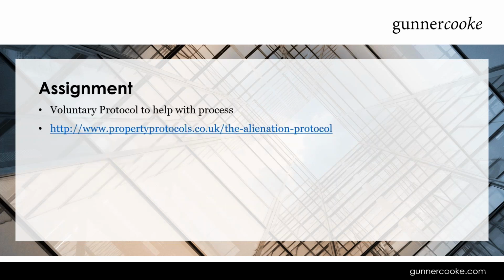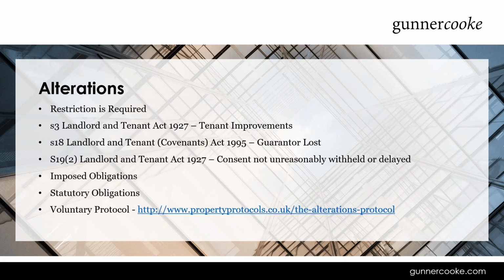To give you some help there is a voluntary protocol to deal with this process that was set up by Falcon Chambers, and it sets out the type of information tenants should be providing and the types of things that the landlord should be considering. That's a really good template to be using to make sure that you're in line with the process and what you're doing is reasonable, both as a landlord and as a tenant.